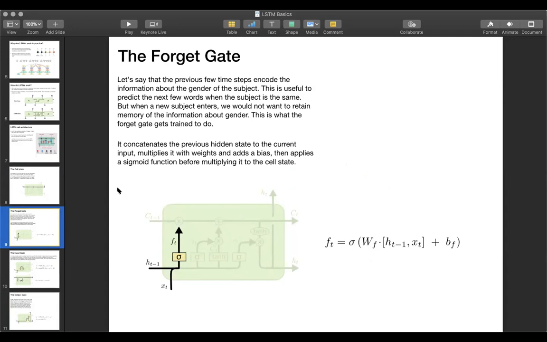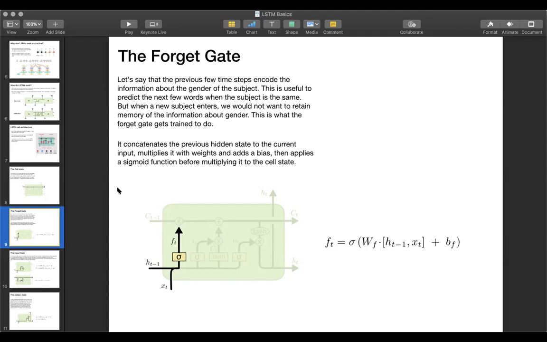An example of why you would want to forget information. Let's say you are talking about a sentence that contains information about the gender of a person, right? And you're talking about the same subject right now. So in an RNN, since that is the same statement, you would encode that information and carry it forward till the end, which may or may not cause problems if a new subject suddenly gets entered into the information.